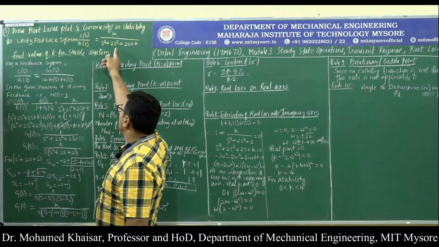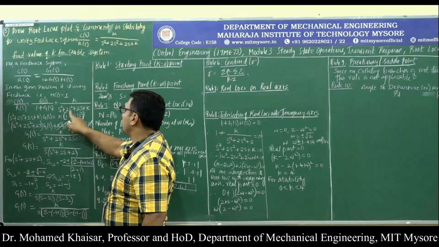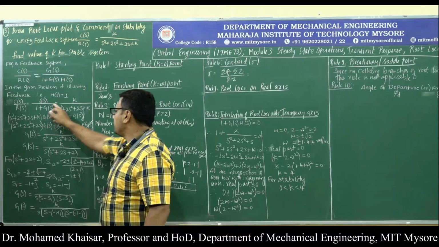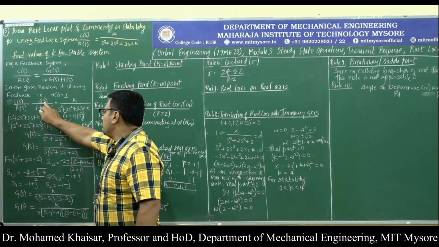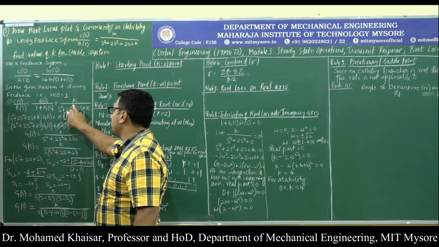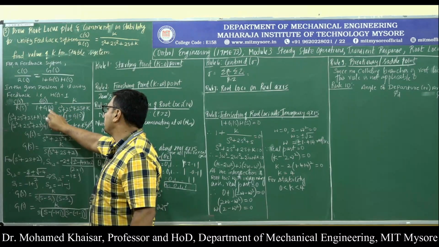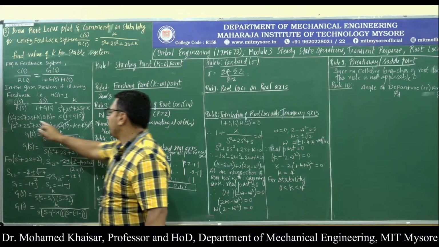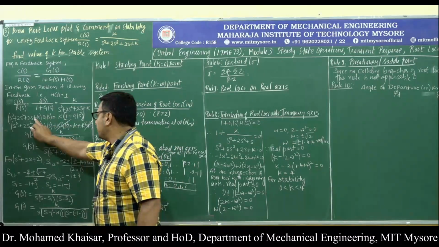This is what is given to us as k divided by s cube plus 2s square plus 2s plus k. Now if we just cross multiply the numerator, that is G(s), with the denominator on the right hand side, and the denominator of LHS with the numerator of the right hand side, that is k. When we do that, we will arrive at this function.